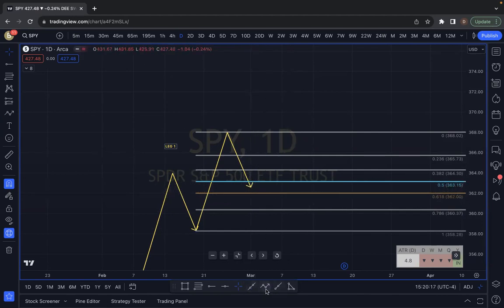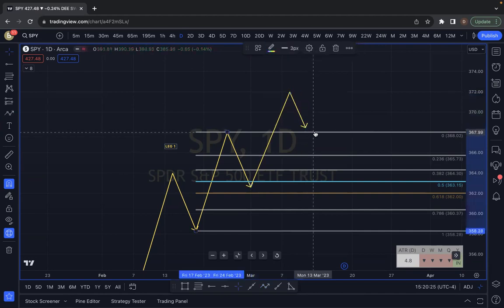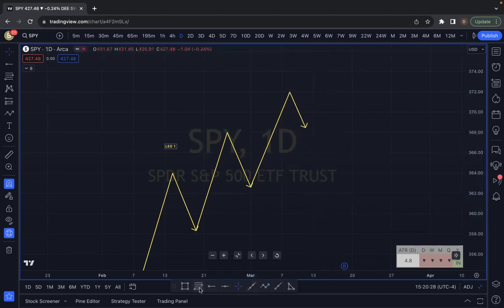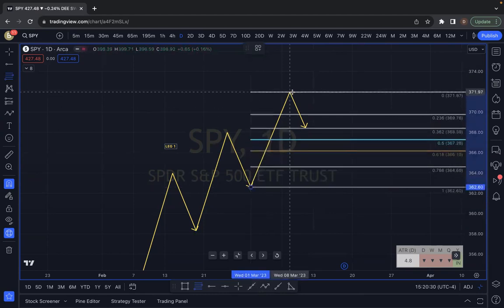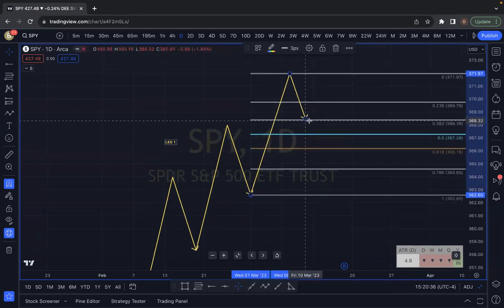So let's say we do get that reversal from here back up to here, and then it retraces again, right? Then you would just walk it back up again and see where you would get a potential bounce. The 382 is an area of potential bounce.